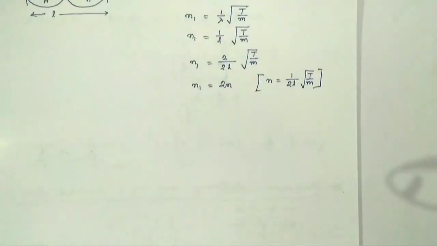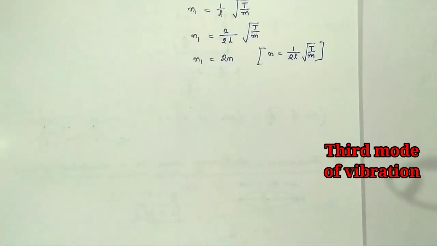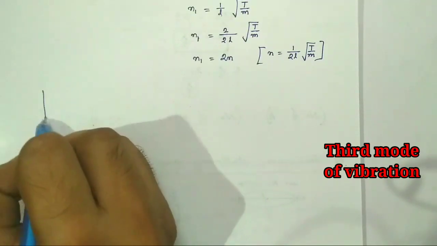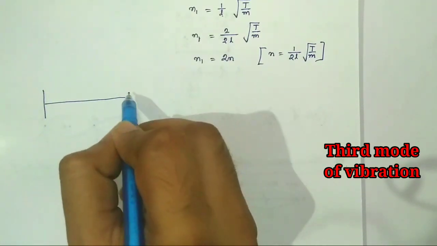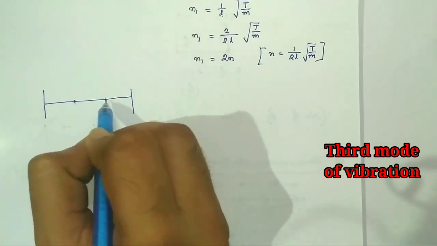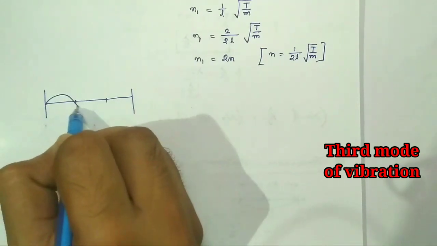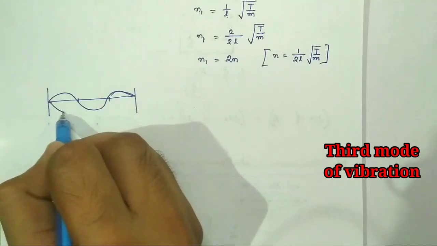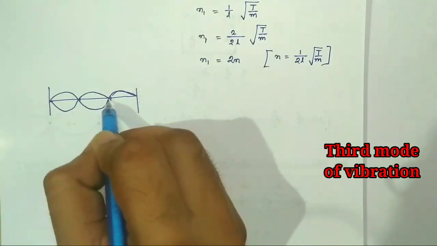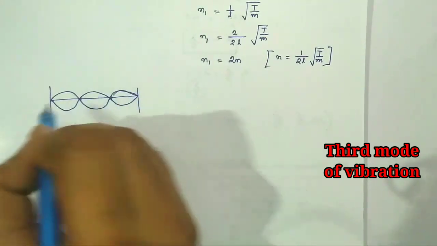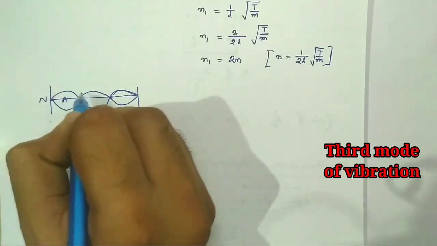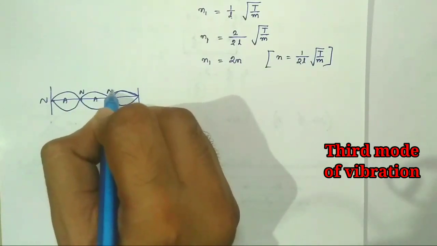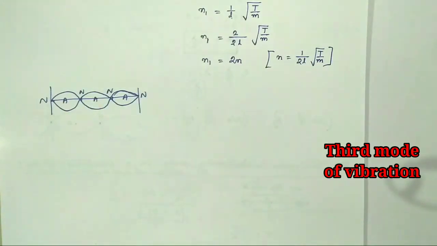Now the third case, that is the third mode of vibration. In this case, the string is vibrating in 3 loops, like this. And these points are nodes, antinodes, node, antinode, node, antinode, node.